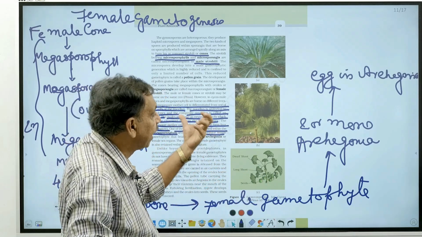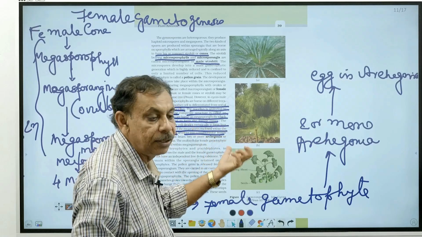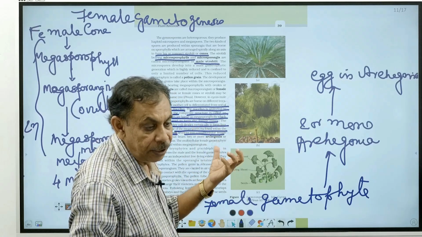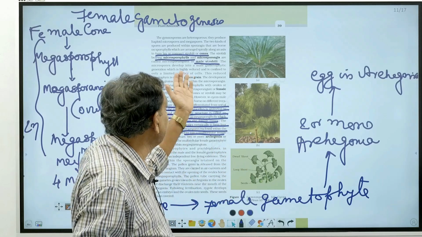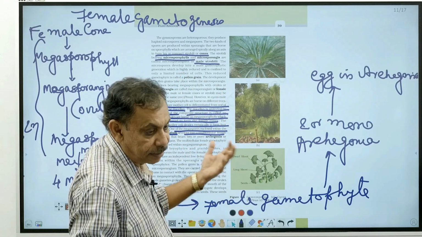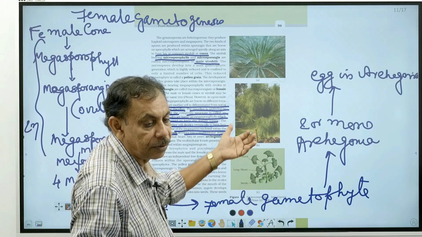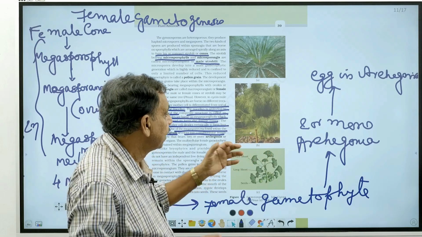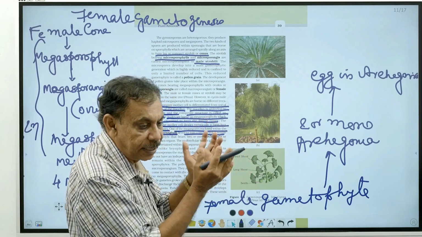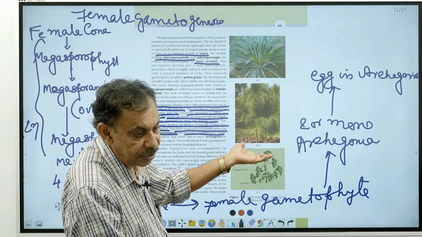The female gametophyte develops into endosperm, a pre-fertilization event. The zygote develops into an embryo, and the embryo enclosed by a covering becomes a seed. The seed on germination gives a new plant.